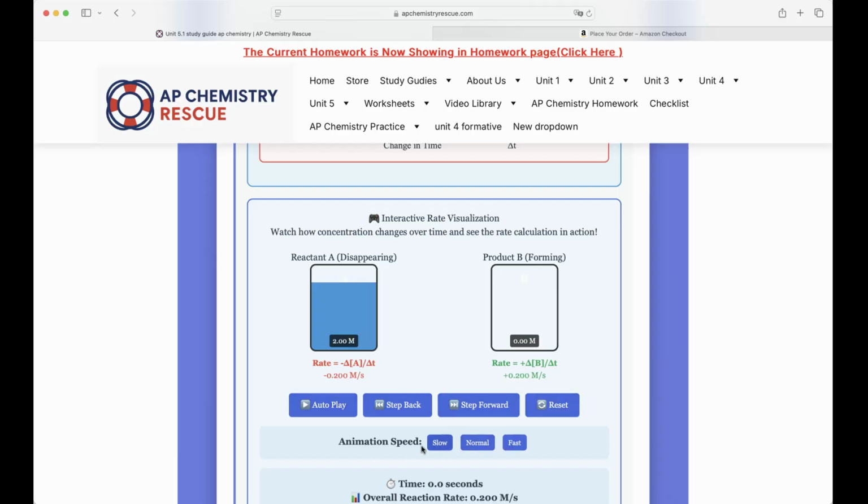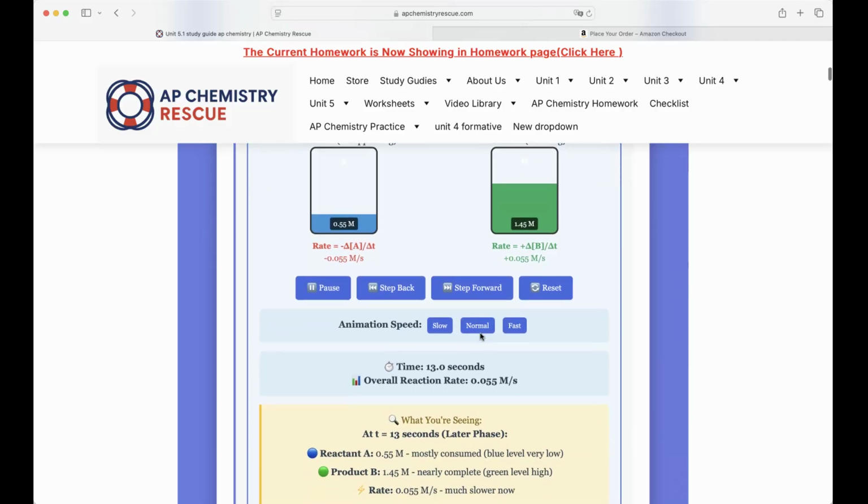So let's reset it and make it a slow rate. The rate by which this one is decreasing would be small and it is also increasing at a small rate, or we can make it a fast rate. How fast this is decreasing and this is increasing, this is the rate of the reaction.